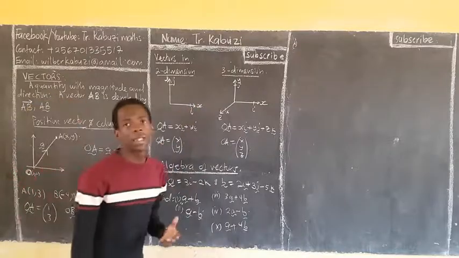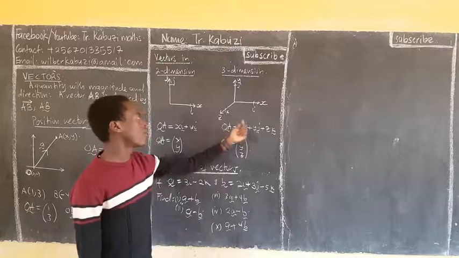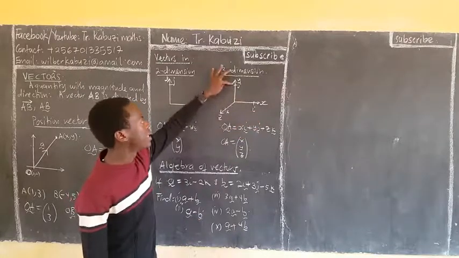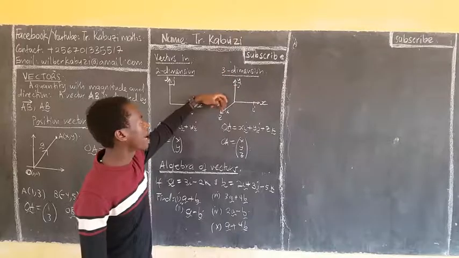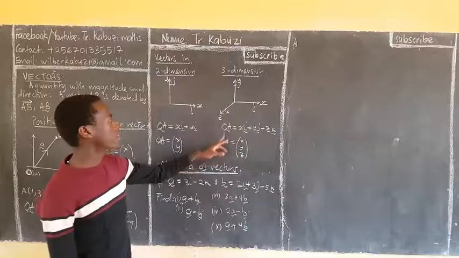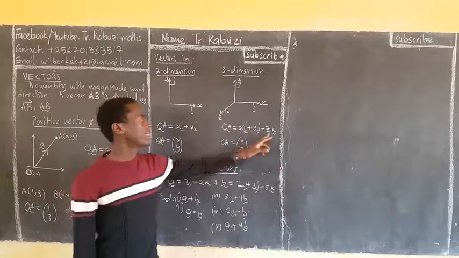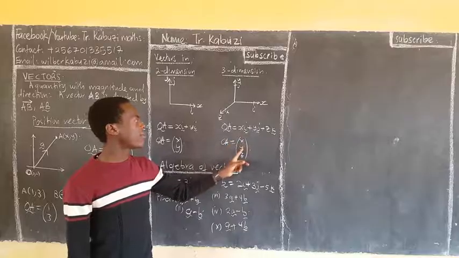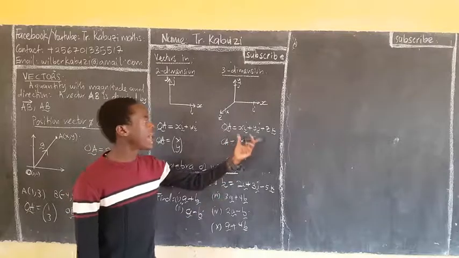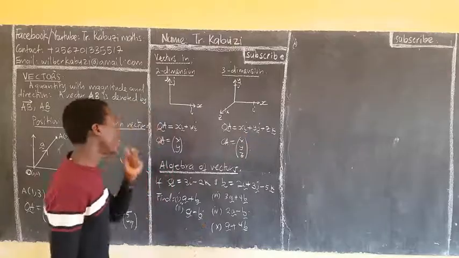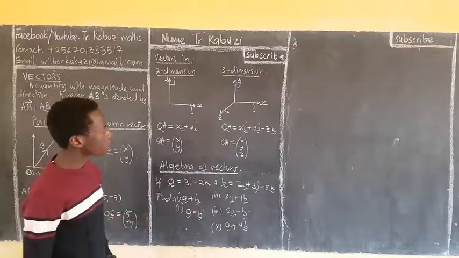Now beyond 2 dimensions, we bring in another axis, what we call the z-axis. Here it's i on the x, j on the y, and now k on the z-axis. So if I give you a vector OA equal to this, its position vector will be x, y, z, like that. So if you have the ijk notation, we are picking those coordinates.